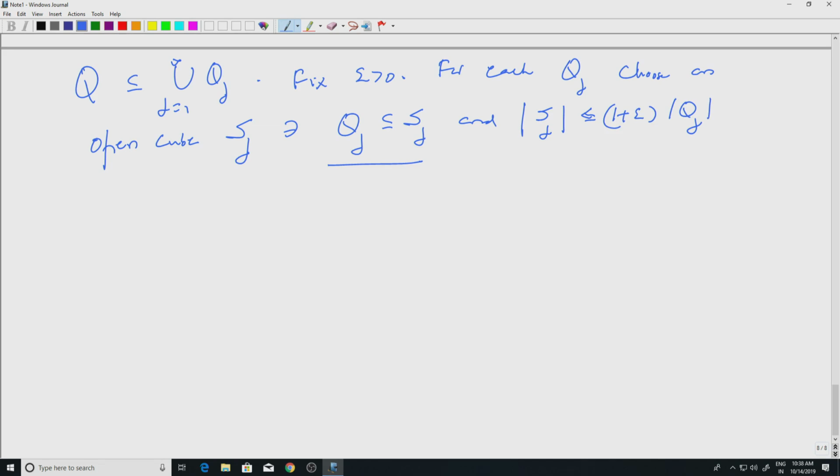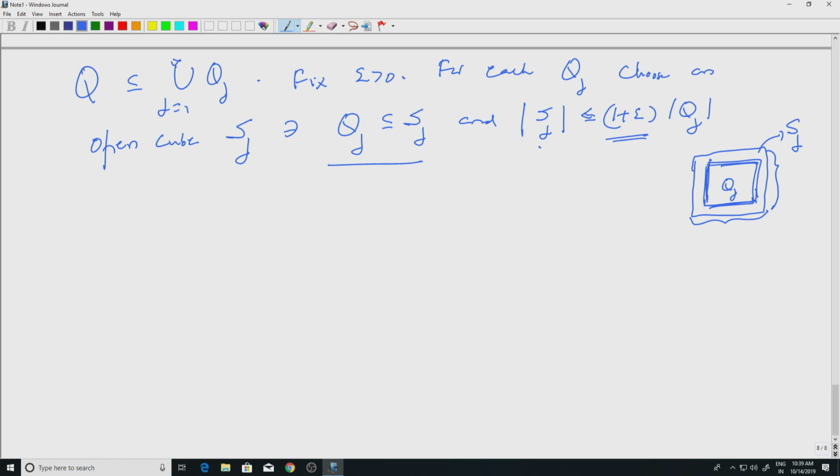This is possible. If I have Qj closed, with the boundary as well, I take a small open cube which is bigger than this, so that the volume is less than or equal to 1 plus epsilon mod Qj.